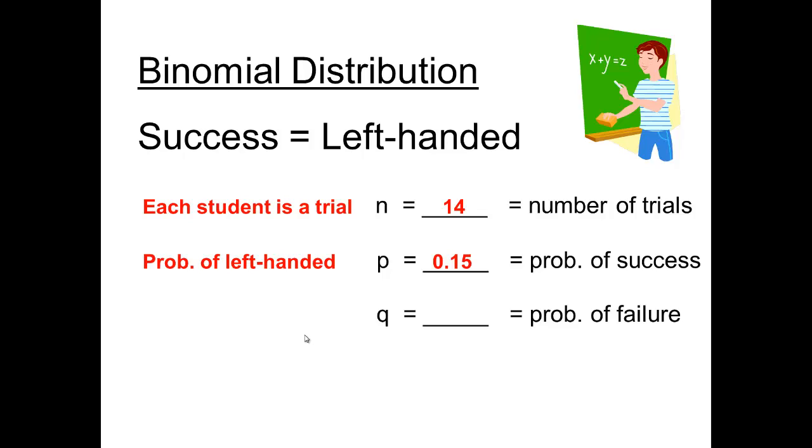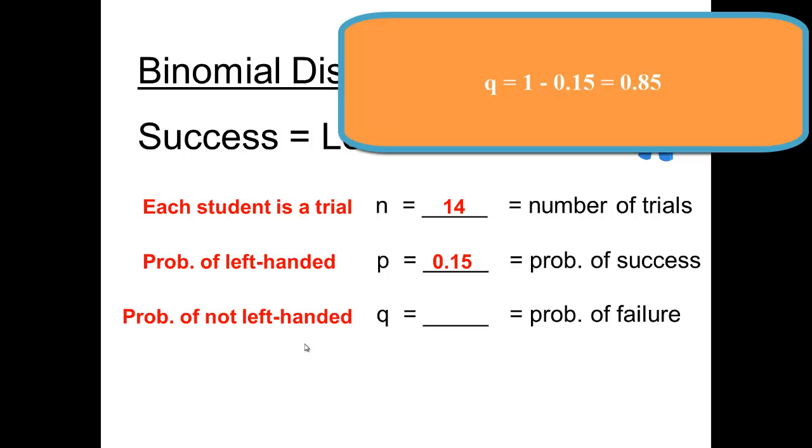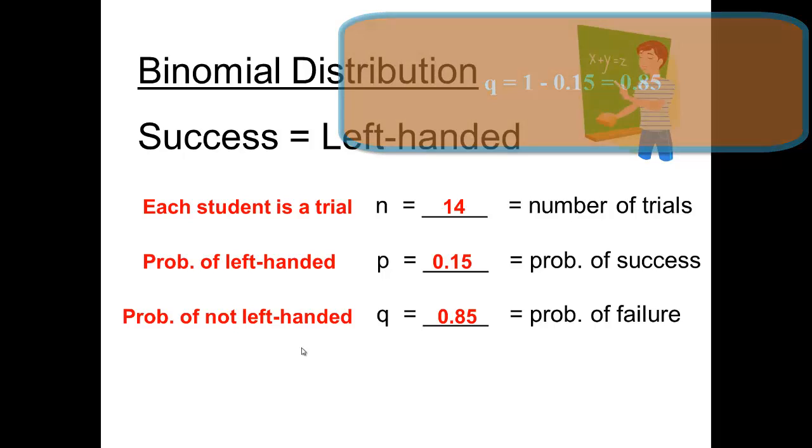Q is the probability of failure, and remember to find Q, that is 1 minus P. And that is the probability of not left-handed. If 15% of the students are left-handed, 100% minus 15% gives us 85%, or 1 minus 0.15 gives us 0.85, our probability of failure.